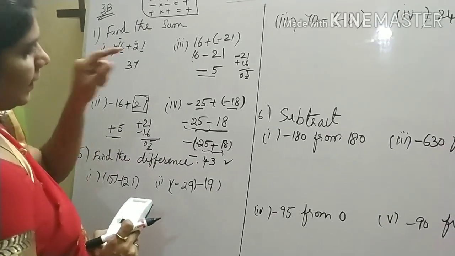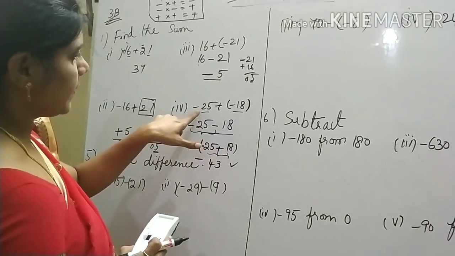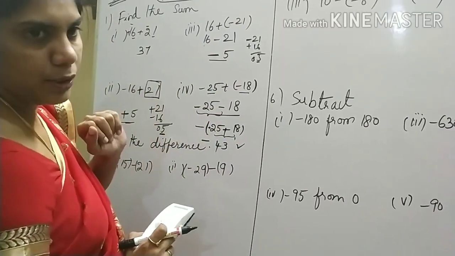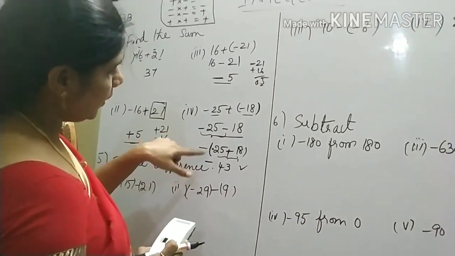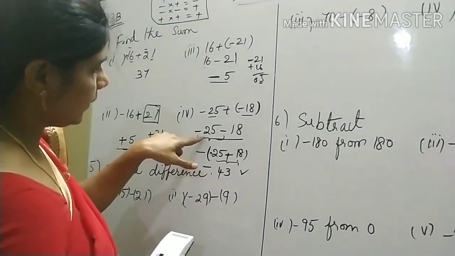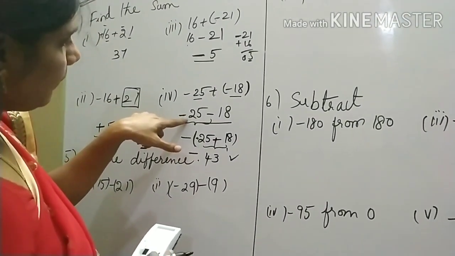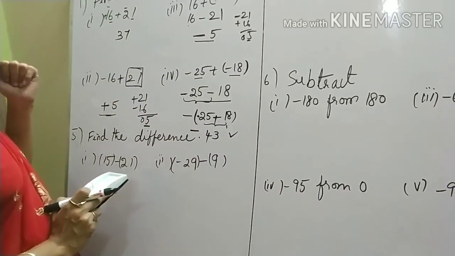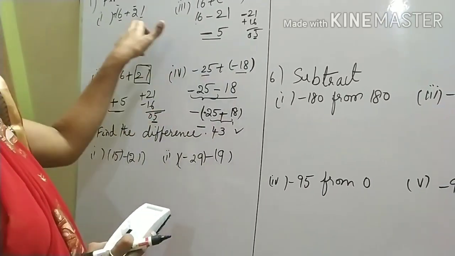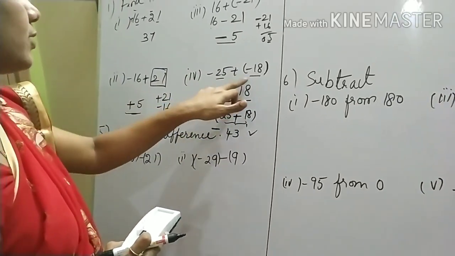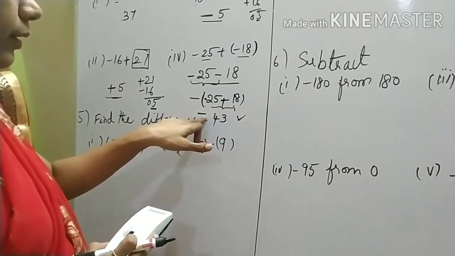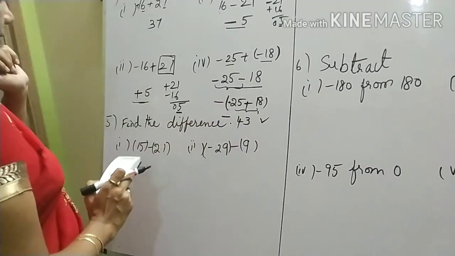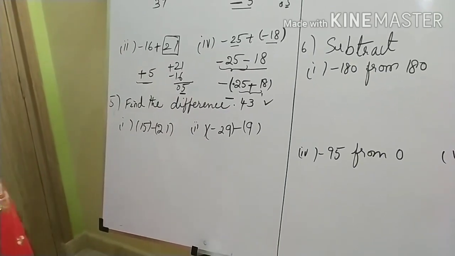Here we have both minuses, so obviously we can write minus only. Like that also you can understand. So both pluses means you can add. Both minuses also, you can add, but you have to write the sign as minus.